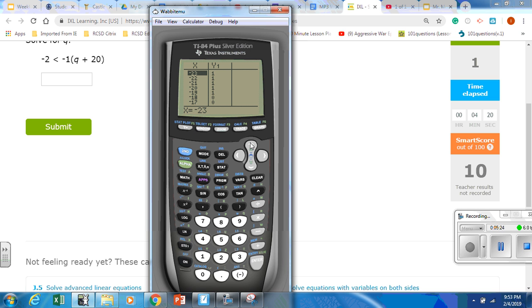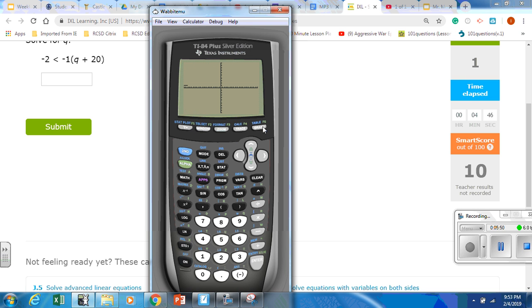All right, okay. So we're saying it's less than 18. Less than 18. Because when something is less than 18, negative 19, negative 20 would be a solution. All right, so Q is less than negative 18.